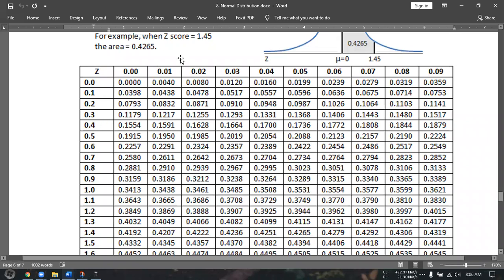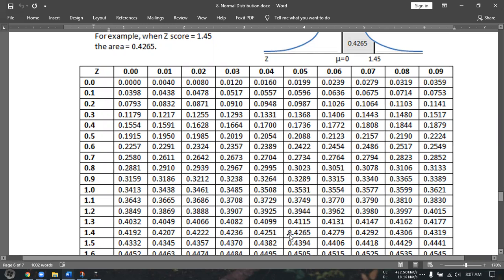Then observe the digit in the second decimal place, that is 0.05. So we're looking for 1.4 here, then 0.00, 0.01, 0.02, 0.03, 0.04, 0.05.